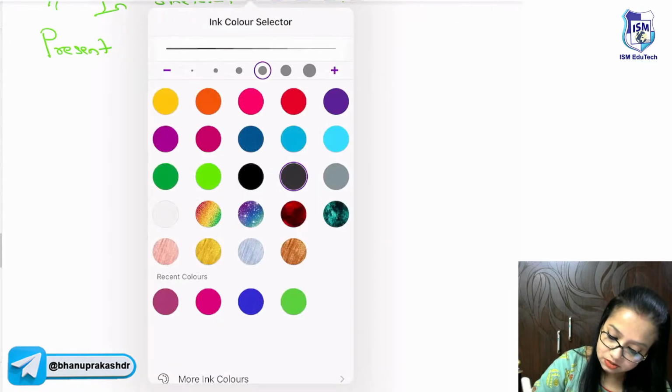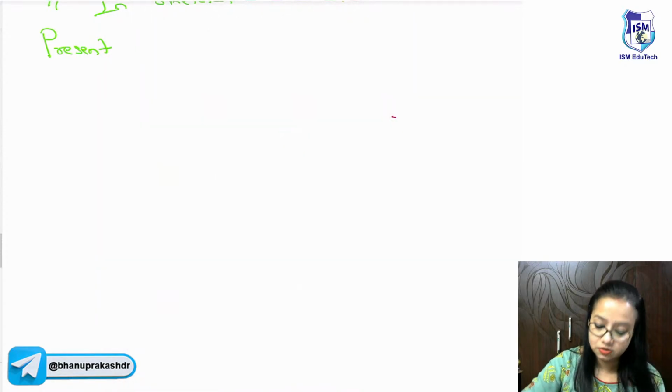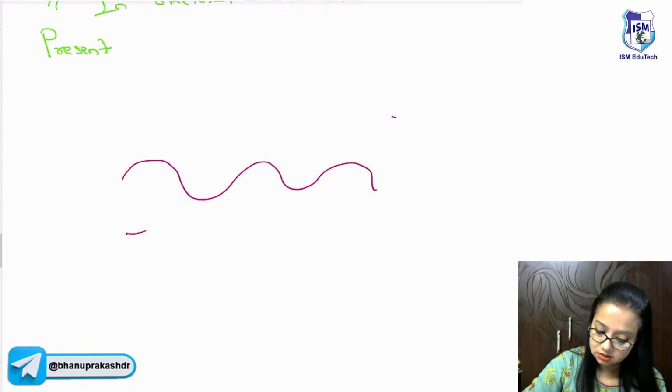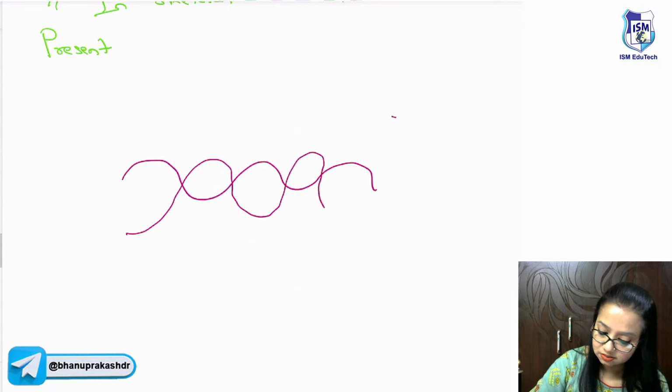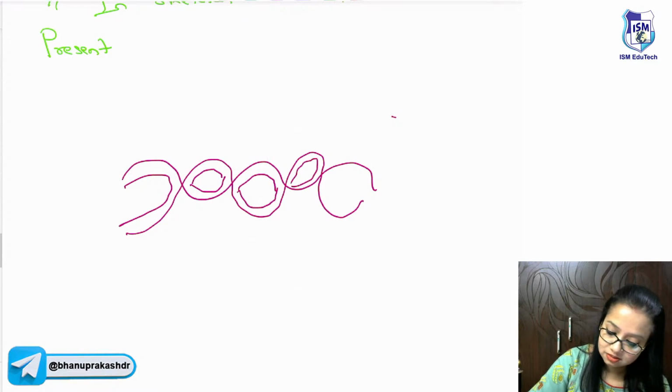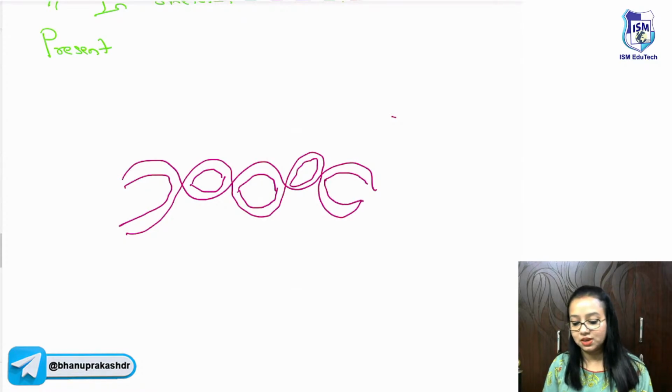Now, what is the structure of this myosin? The structure of the parts of myosin is something like this. Okay.